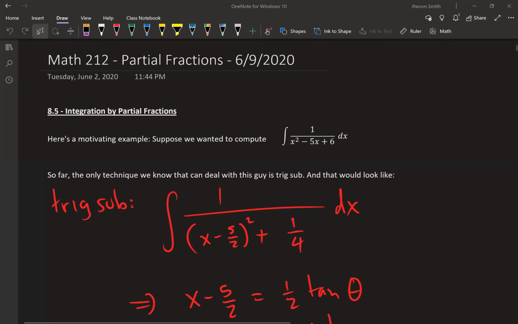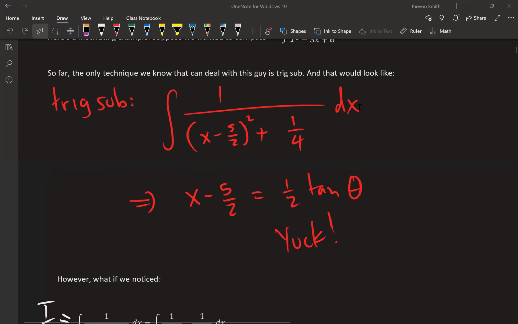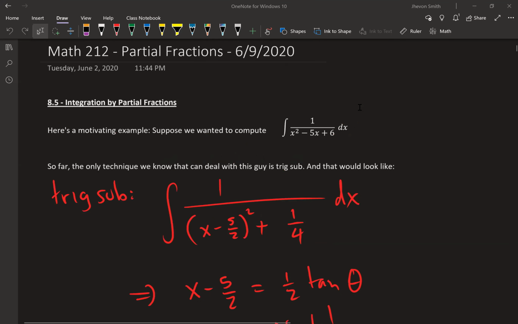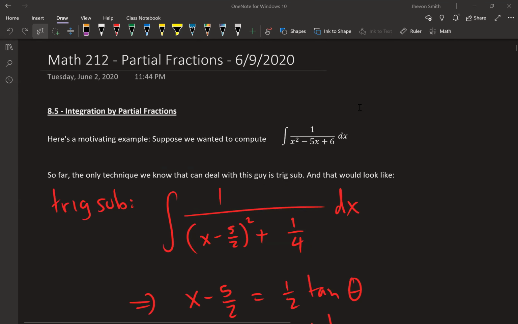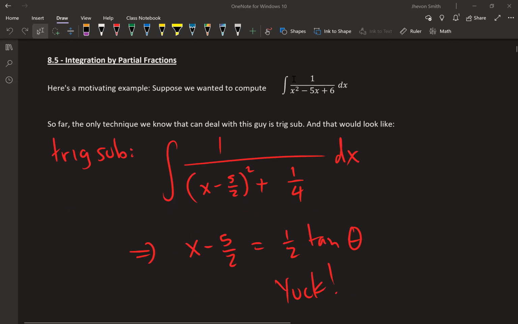So this is what we started a couple classes ago, and it's called partial fractions. Partial fractions is just a way to take a big fraction and break it up into a lot of smaller fractions, which can be very convenient for calculus.